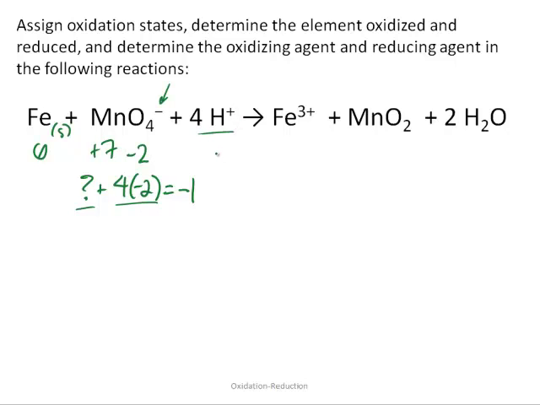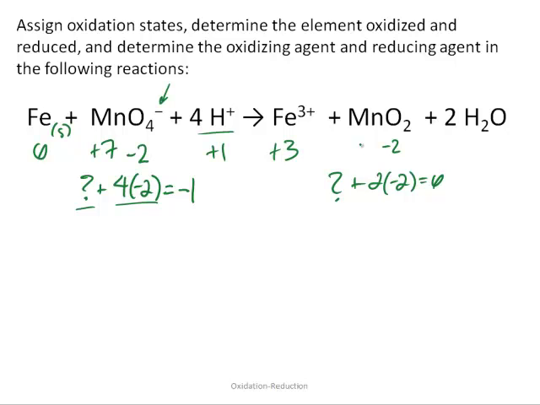H plus by itself is a plus 1, because the oxidation state has to equal the overall charge. Same thing with iron 3 plus, oxidation state plus 3. Oxygen, we're going to apply our minus 2. There's 2 of them, minus 2 each, and we know that has to equal 0. And so, what does our manganese have to be?